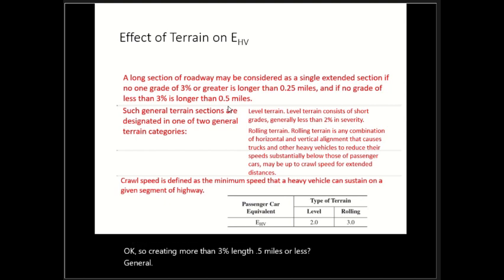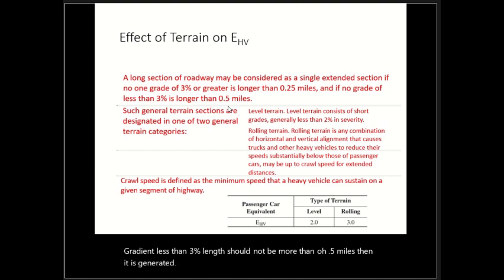If the gradient is less than 3%, then the length should not be more than 0.5 miles. Gradient less than 3%, length should not be more than 0.5 miles. Then it is general terrain.